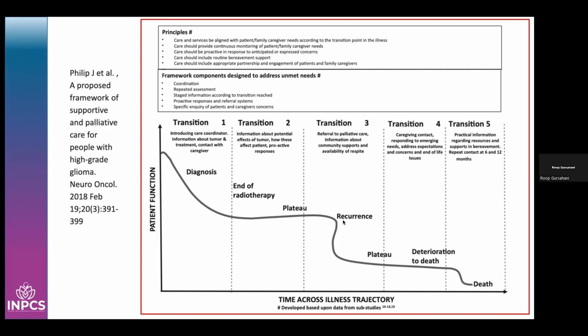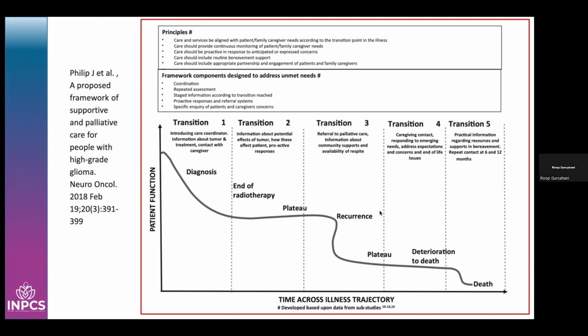And as is likely, recurrence occurs, then you start responding to emerging needs, you address expectations, and start preparing for end of life. So towards the end, the caregiver will need practical information about resources and so on, and supports.